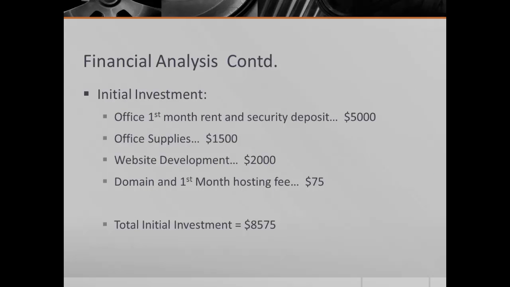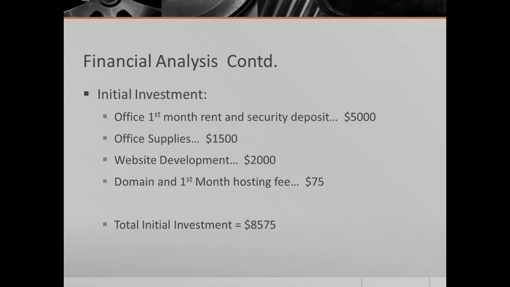So the initial investment can be broken down into 4 simpler and different components. The office we decided was better to rent than to purchase, and therefore the first month rent and security deposit would cost $5,000. The rent would be $2,500 every month after. Office supplies to start the business, along with other needed software, would cost around $1,500.